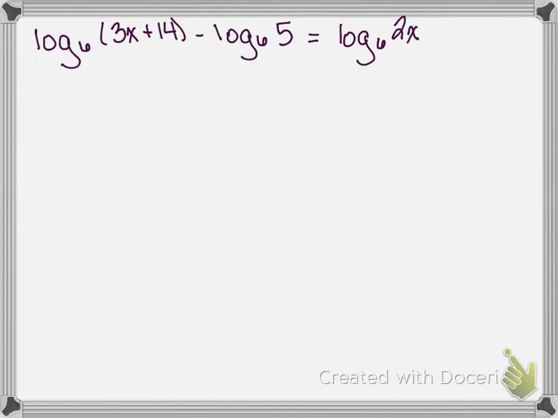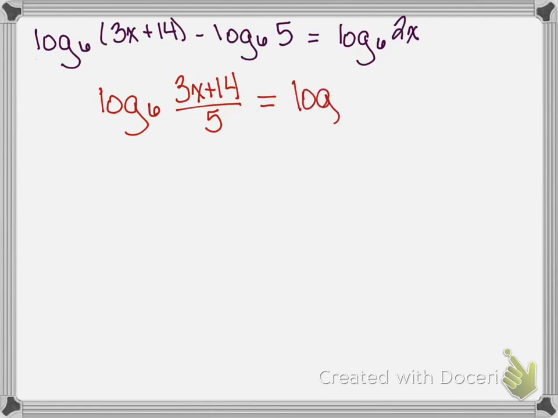Okay, so when I have things being subtracted, what does that mean? I am dividing. Good, so I have log base 6, and then I have 3x plus 14 in the numerator. What do I have in the denominator? 5. That's equal to log base 6 of 2x.